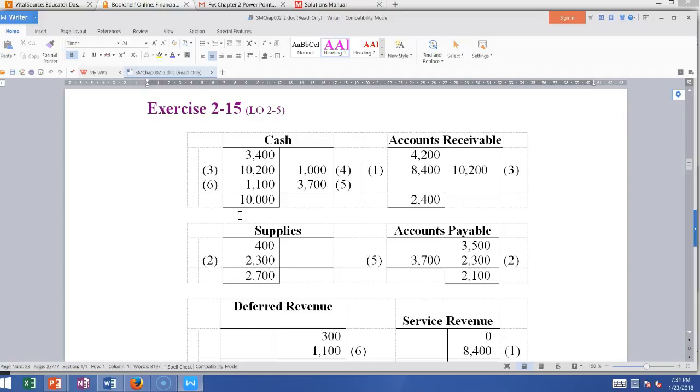Accounts payable, what should our balance be, guys? And would you put a negative sign before the 2,100?